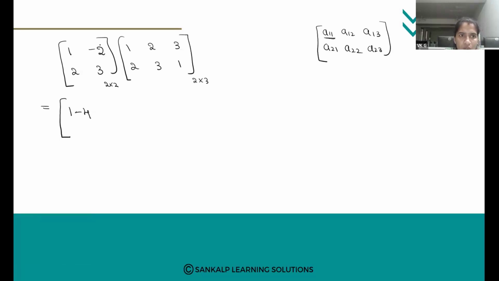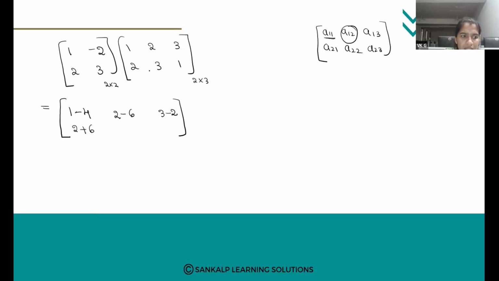Next, first row with the second column, the A12 entry. 1 into 2 is 2, plus minus 2 into 3, minus 6. Next entry, first row with the third column, 1 into 3 is 3, minus 2 into 1 is minus 2. Next, second row with the first column, 2 into 1 is 2, plus 3 into 2 is 6.